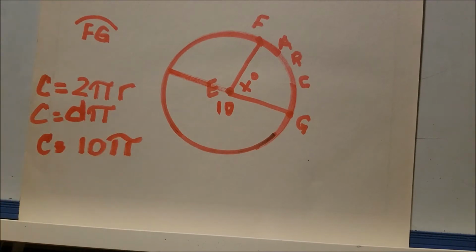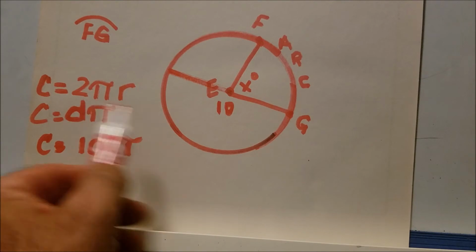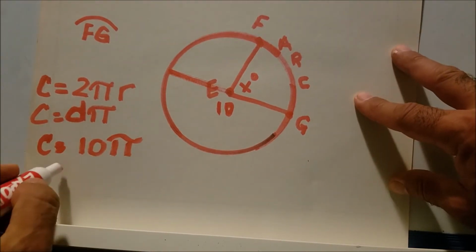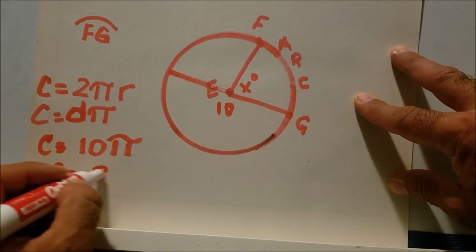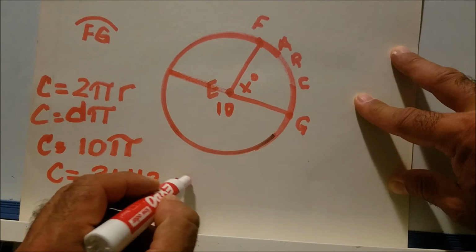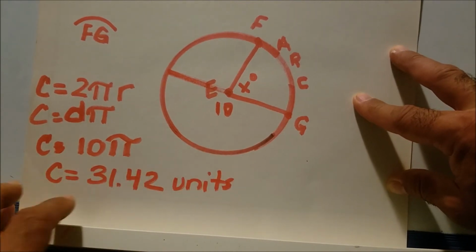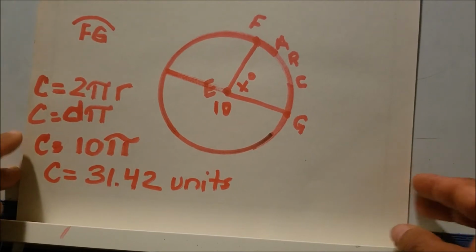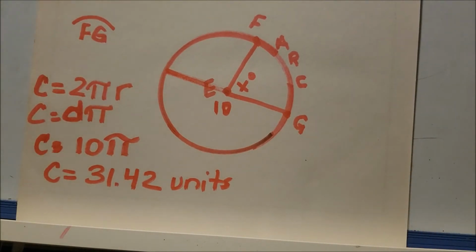Or you can estimate it by 10 times 3, around 30, and we don't have a measurement, so we'll just say units. But in actuality, if you put it on your calculator, the circumference of the circle would be about 31.42, and we would say units. And remember, circumference is not squared, so you would just leave it as units or whatever measurement you're using. So that's finding the circumference.